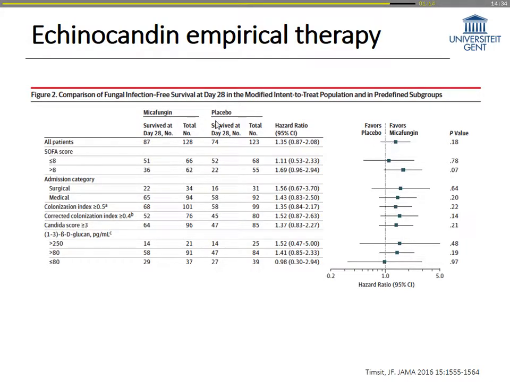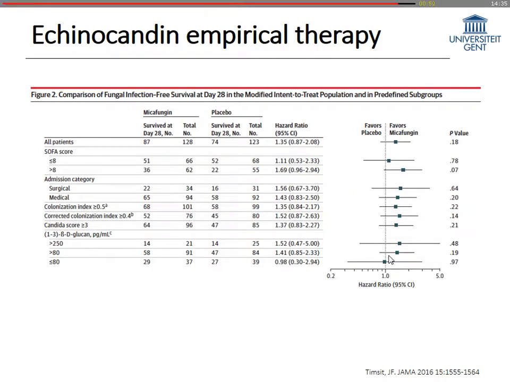No difference in fungal infection-free survival, not in the overall patient population, but also looking at surgical versus medical patients, also looking at patients with a high Candida score, or patients with a high corrected colonization index, or a high beta-D glucan concentration.